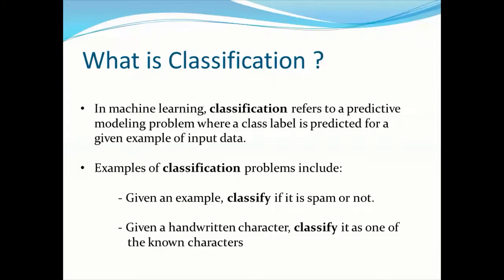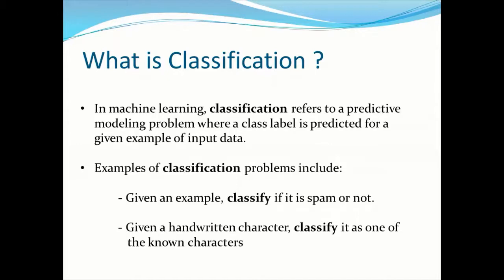So what is classification? In machine learning, classification basically refers to a predictive modeling problem where a class label is predicted for a given example of input data. Examples of classification problems can be, suppose you have 3 mails that you have received today and you have to classify whether an email is a spam or it is a genuine mail.